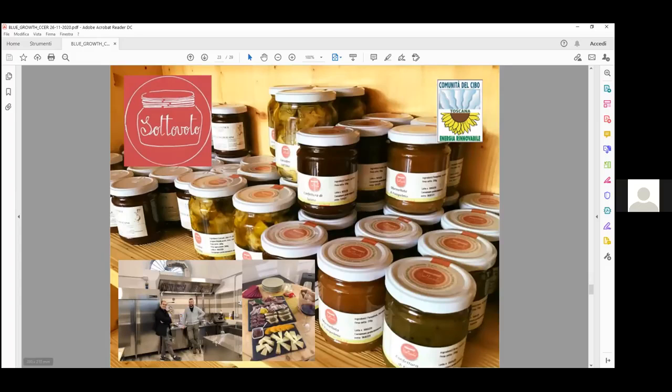Come vedete ci sono dei macchinari e c'è un addetto che realizza questi vasetti di marmellata, carciofini sott'olio, sott'aceti, sughi di carne, e appone sull'etichetta il simbolo del sottovuoto, che praticamente è una linea ad impatto quasi zero, a filiera cortissima e realizzata anche con prodotti della comunità del cibo ad energie rinnovabili.